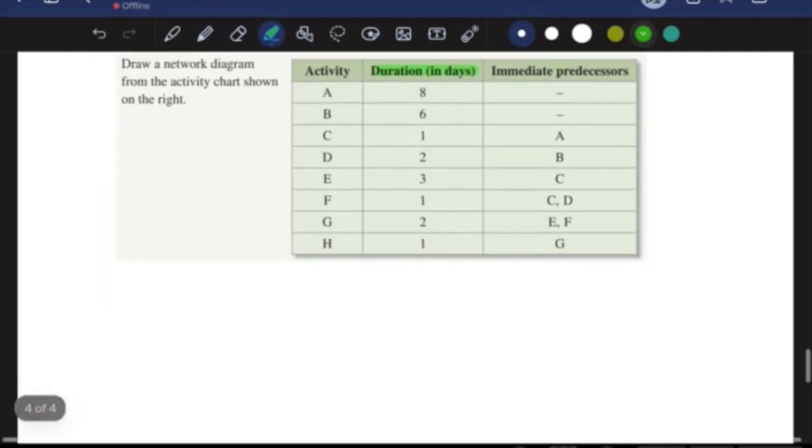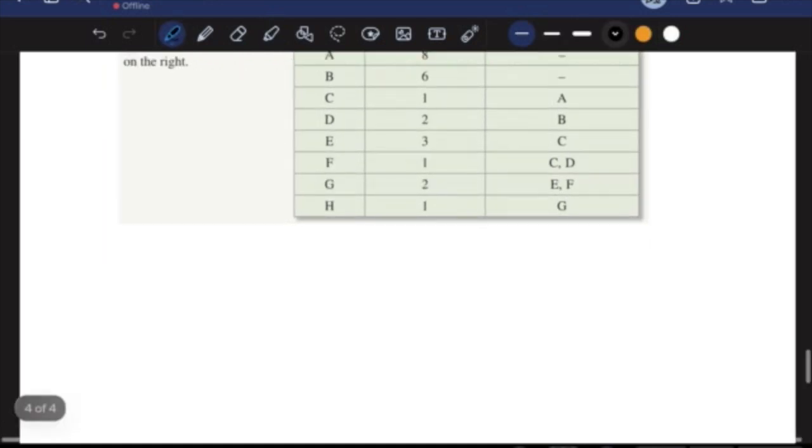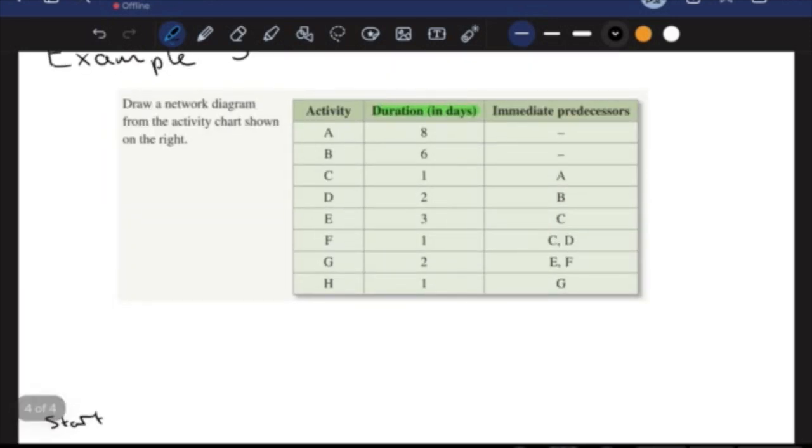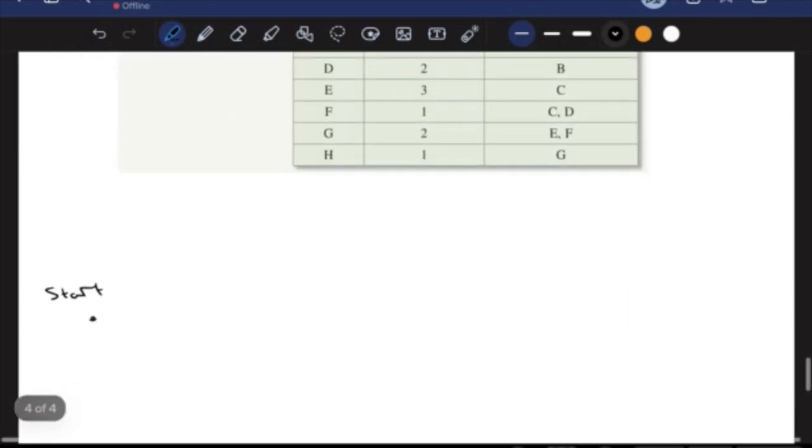Now, drawing this up is going to be very, very similar to what we've been doing before. Let's have our start here. And from our start, we have that A and B have no immediate predecessors. So that's good. We can just draw them in. They are going to come out from our starting point.